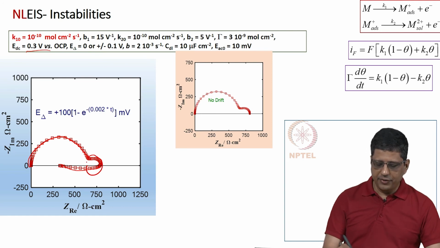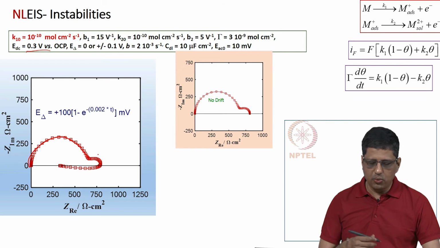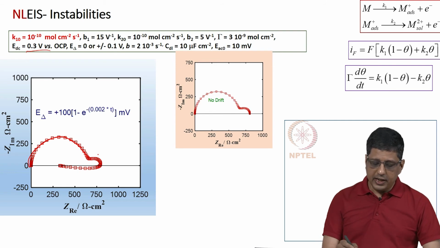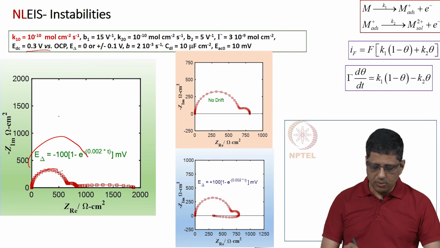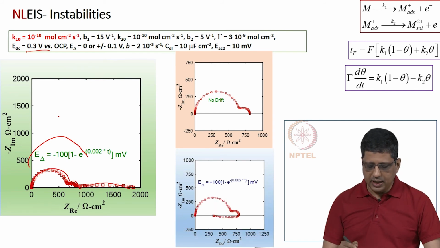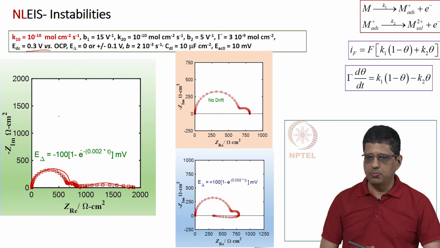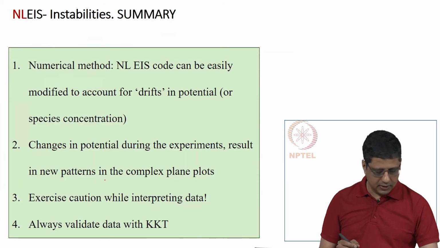Instead, it looks like a distorted inductive loop, if you will. And if the potential change is negative, you can guess it is going to be one loop, second loop, and a poor distorted capacitive loop. That is one way to look at it. It is not the correct way, but one might interpret it like this if you are not careful.